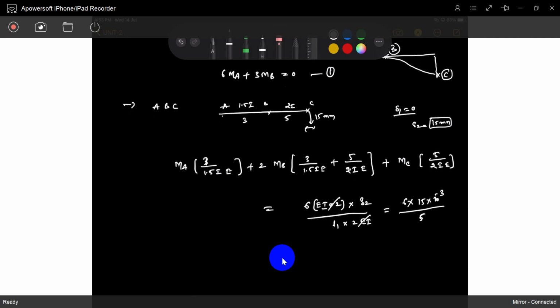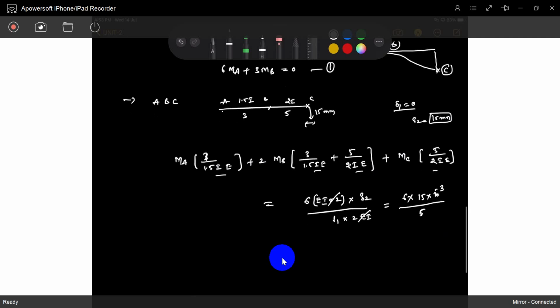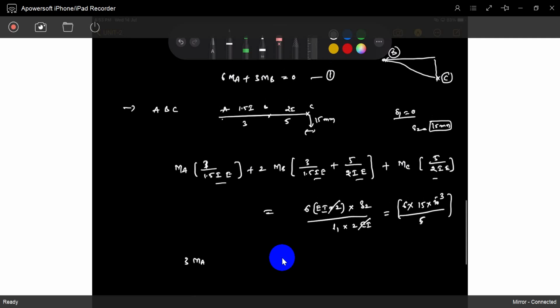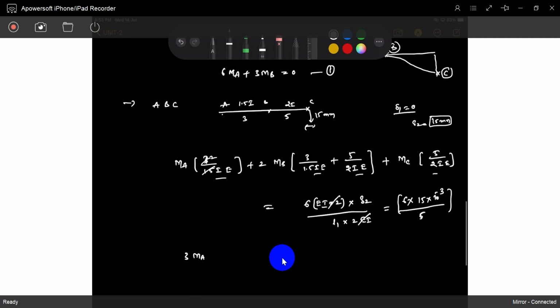How will we get it? EI will go to that place. Going to the second equation, 3MA, so directly we will write it as 2MA plus 2MB, it's a 2.5 MC, 2.5, na?